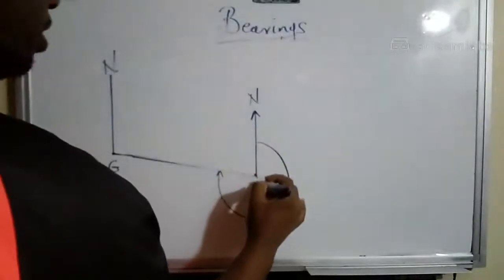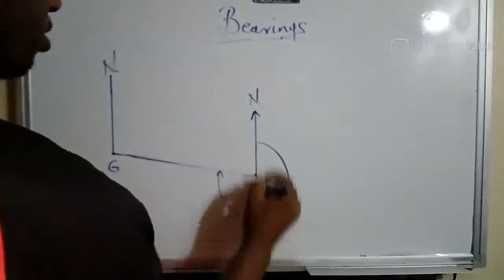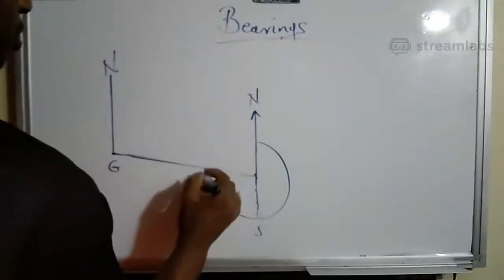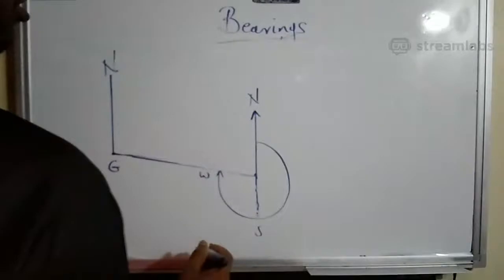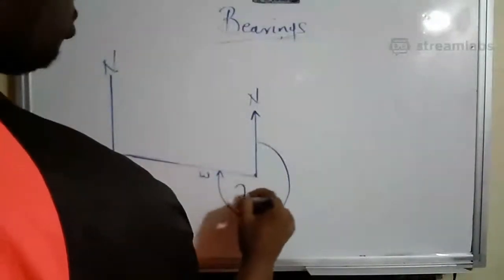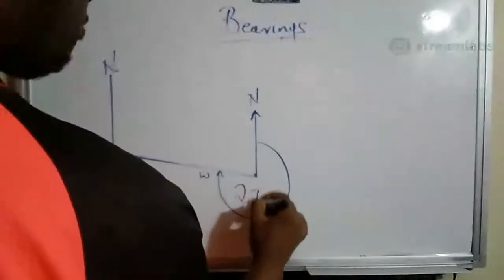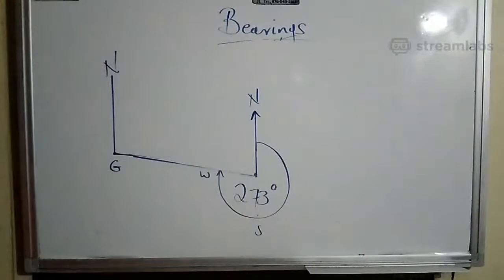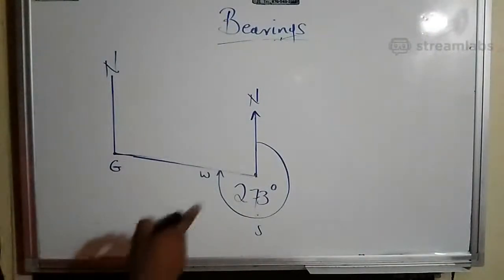So this will be 180, right? Because this is north, south. And this will be west, right? So this, we're going to call it a reflex angle. So we're going to call it 273 degrees.